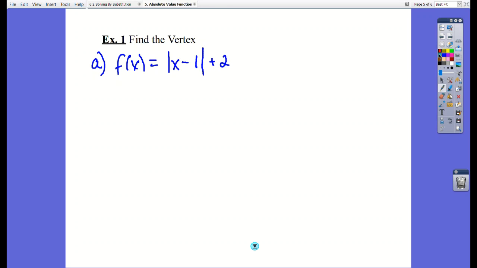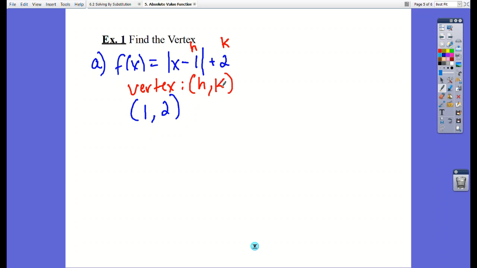So for all of these problems, whenever you're graphing these, the vertex is always at the point h, comma k. H is the number on the inside, k is the number on the outside. So in this case, and remember the x's are opposite what you think, our answer to part A is going to be 1, comma 2. X's are on the inside, y's are on the outside.